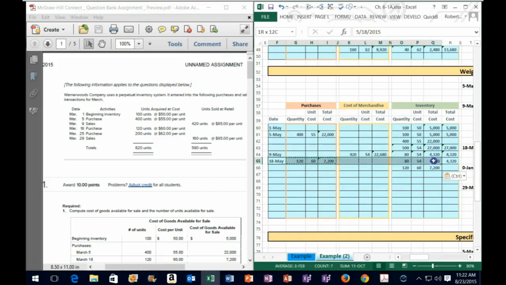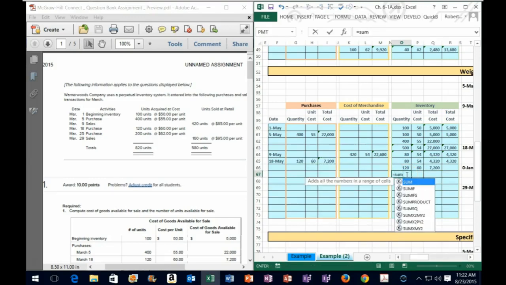So as of this date, we need to calculate the average based on this information. So we have how many units? We've got the 120 and the 80. What was the cost? The 7.2 plus the 4,320. We need that information in order to calculate the average price. We're going to sum those up in this way in order to do that.